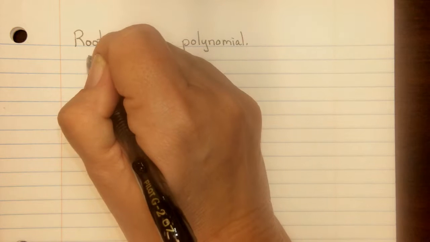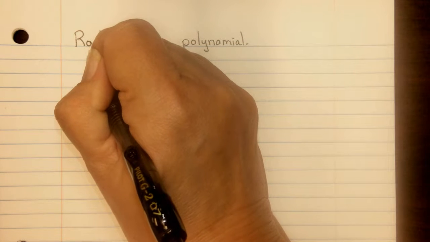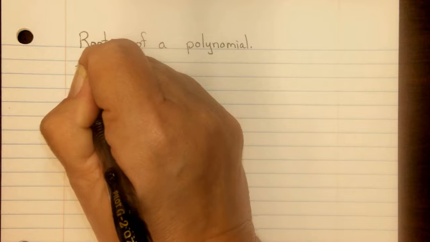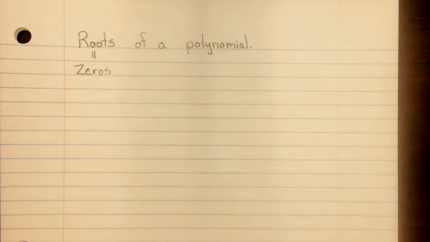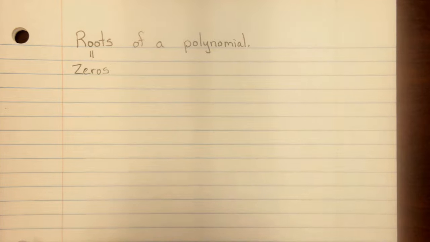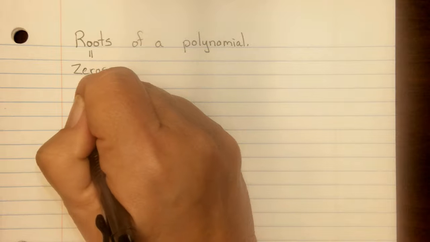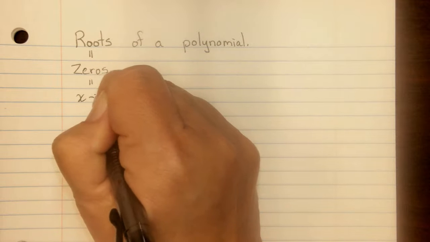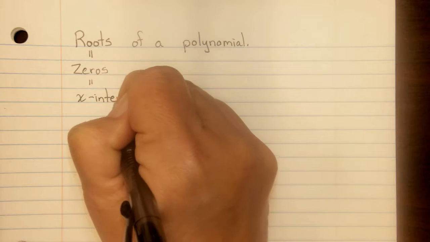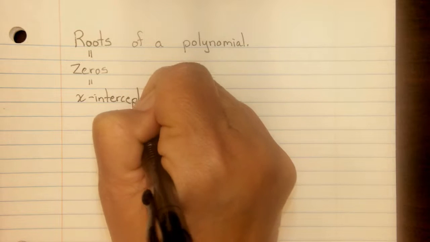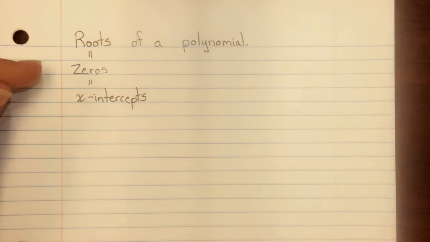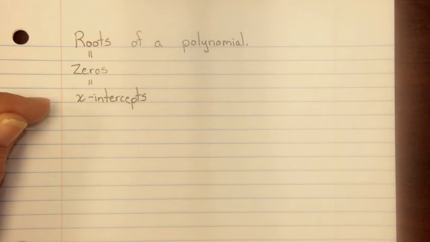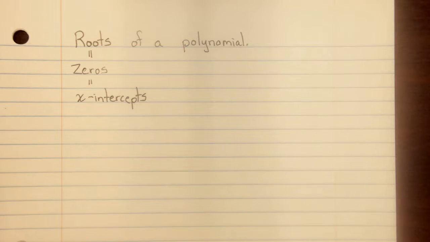The roots of a polynomial is also called the zeros of the polynomial, and that's also called the x-intercepts. So the roots, the zeros, and the x-intercepts, those are all the same things.